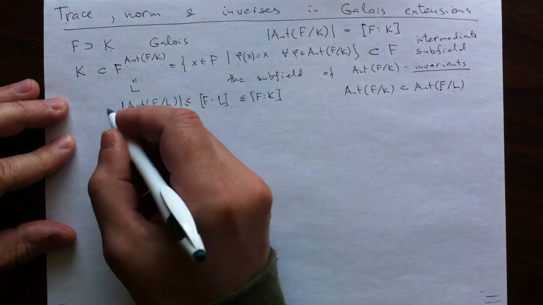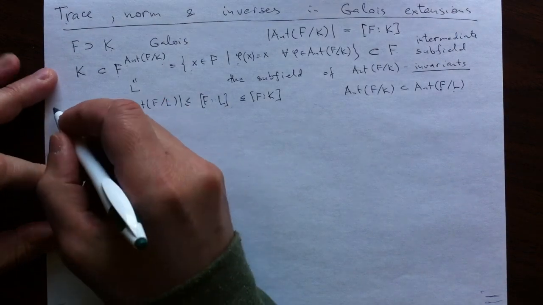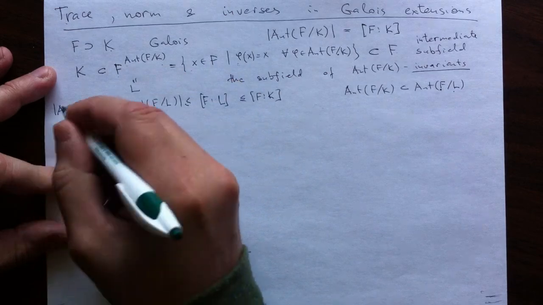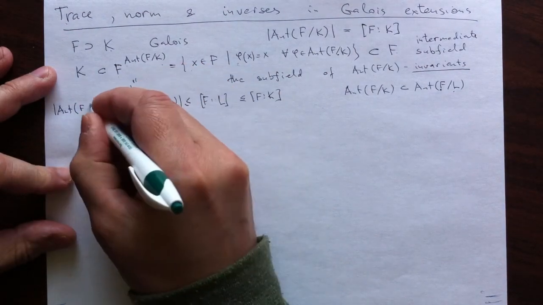So we have this inclusion, and hence we have the inequality between the orders of these groups.